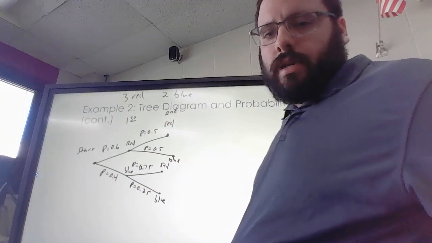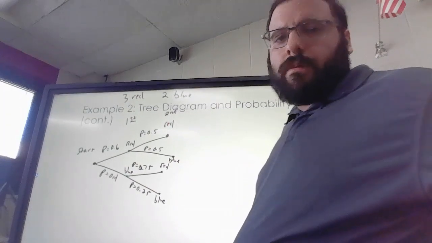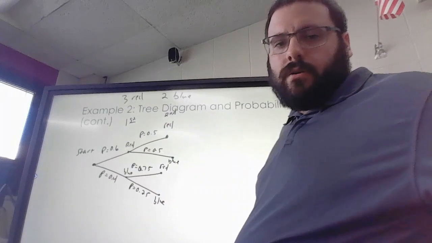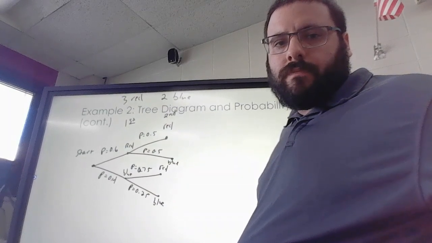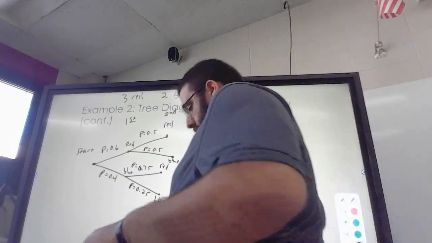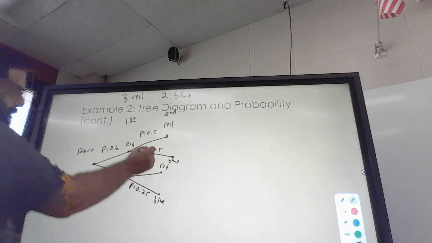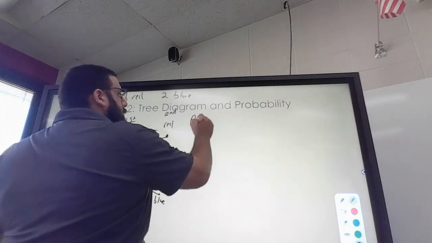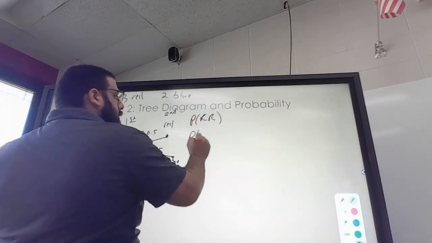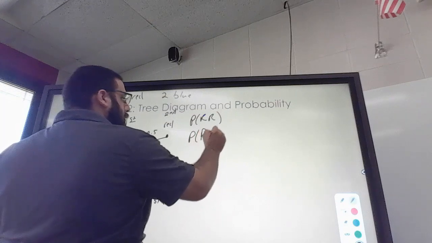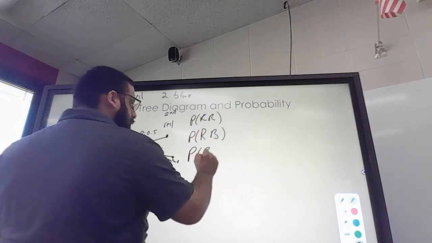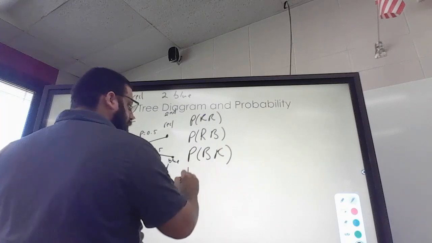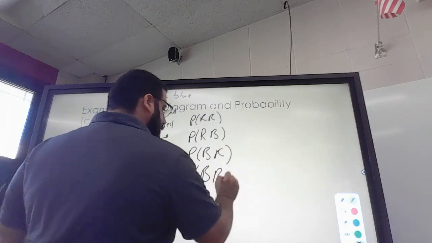All right, let's go ahead and look at these different probabilities and see what they end up being. Now, if I were only to choose 2 colored balls out of the urn, that makes up 4 different possible outcomes. Probability that I choose 2 reds, probability that I choose a red and a blue, probability that I choose a blue and a red, and the probability that I choose 2 blues.